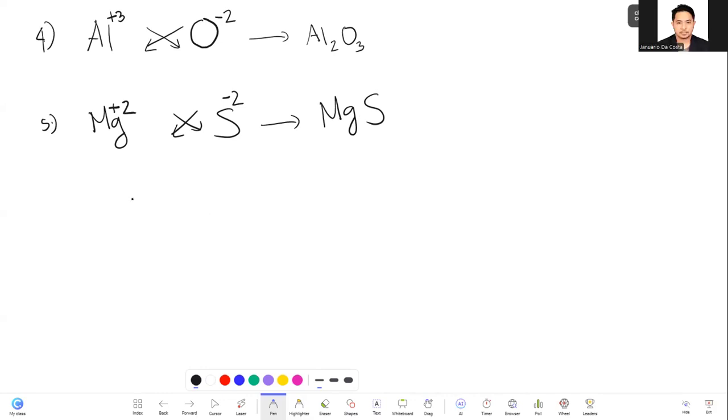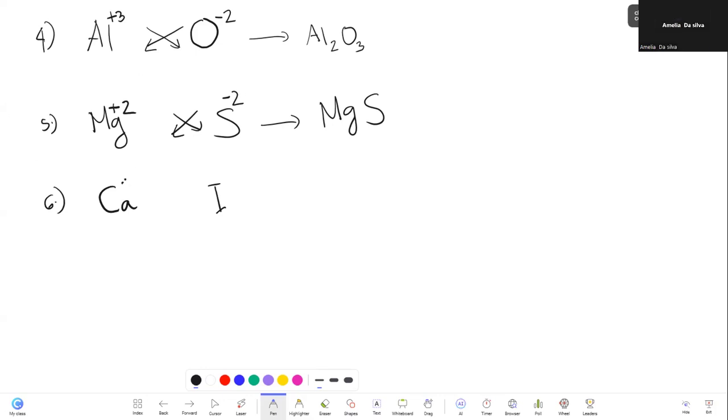Okay. For example, a calcium atom and an iodine atom. What chemical formula do you get here? Calcium is 2A, so positive 2.